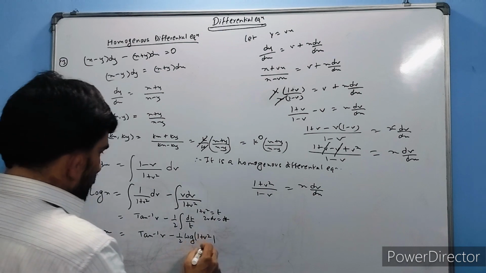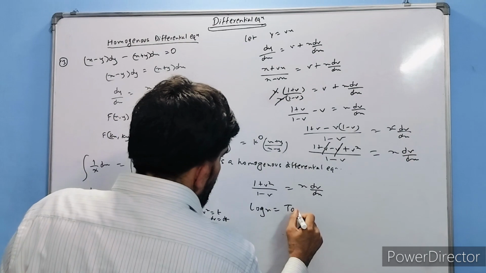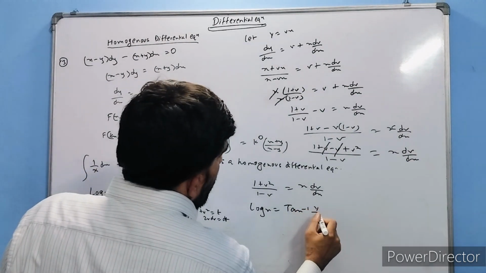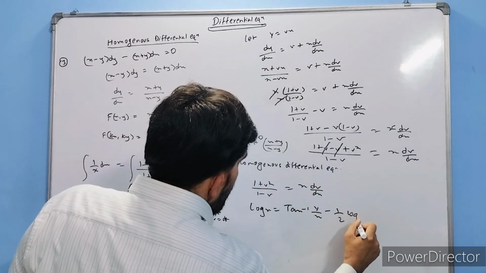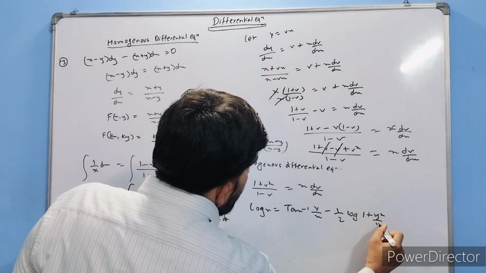So now put the value: log x is equal to tan inverse, what is v here, we have taken y upon x, minus half log 1 plus y square upon x square.